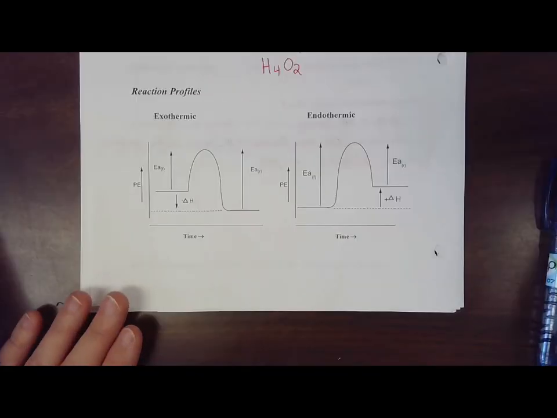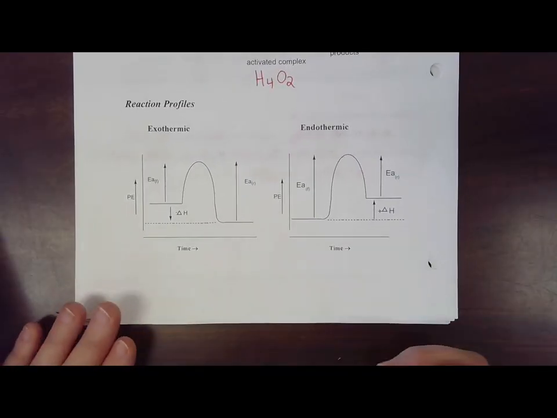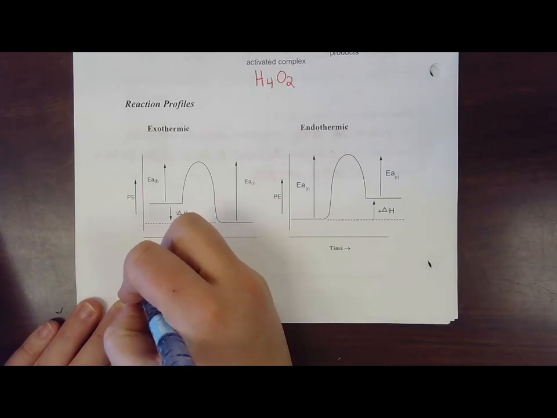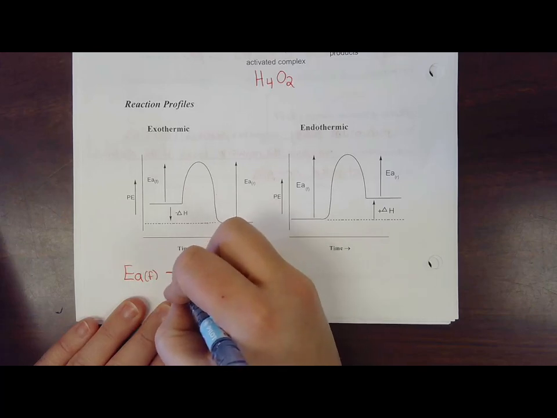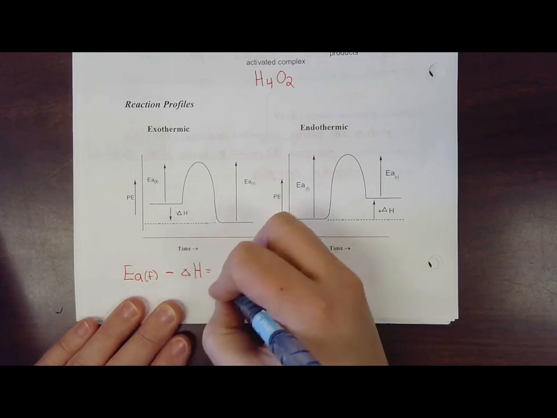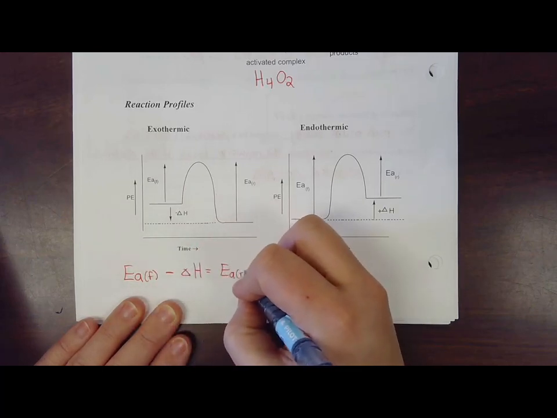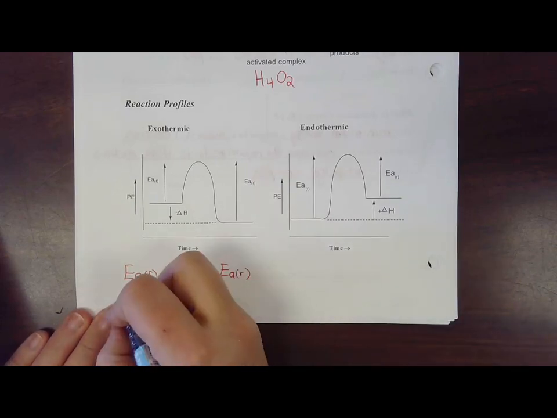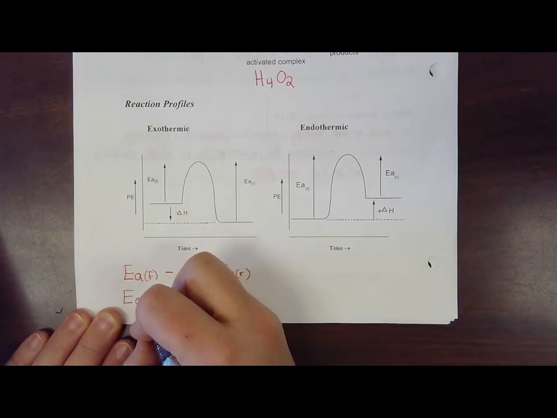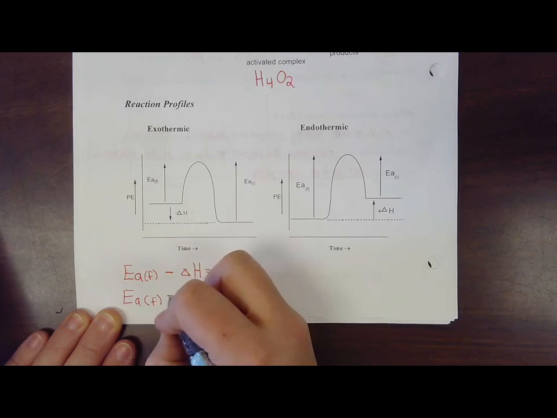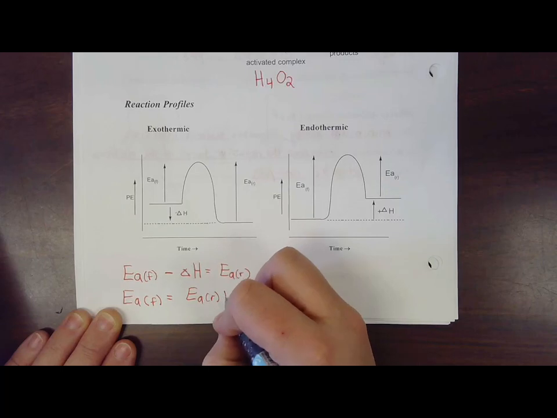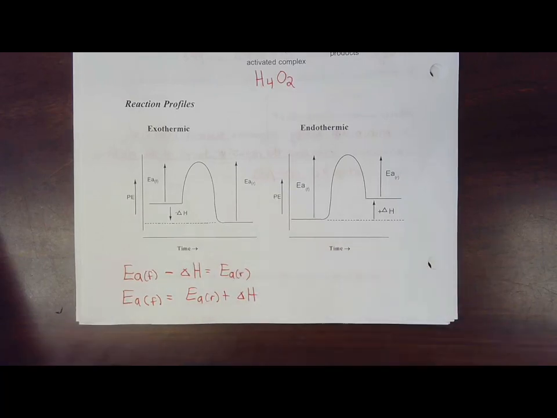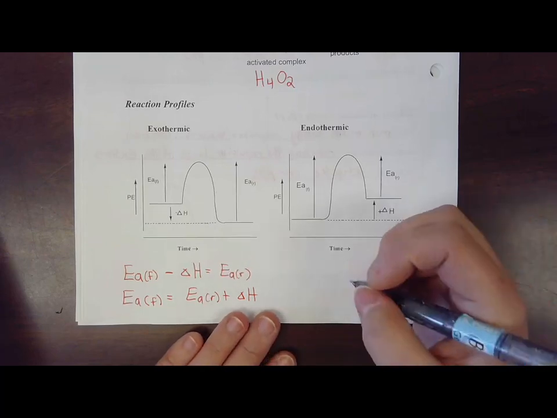We're going to write an equation that helps to express this. Activation energy forward minus delta H will give you the activation energy in the reverse. This can also be written as activation energy forward is equal to activation energy reverse plus delta H. You can rearrange that equation in various ways, but it will help you solve your problems.